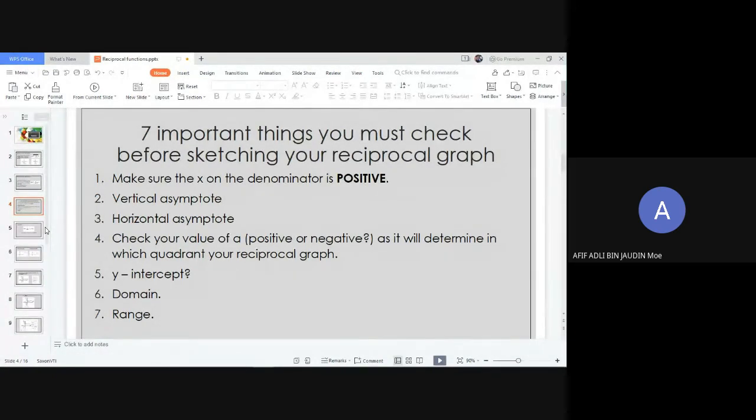Actually, f(x) is equal to the y-intercept. So easy as that. After we have done with number 1 to number 5 and we already sketched the graph, then we can determine the domain and also the range of the graph. For you guys to understand better, we move to example 1.